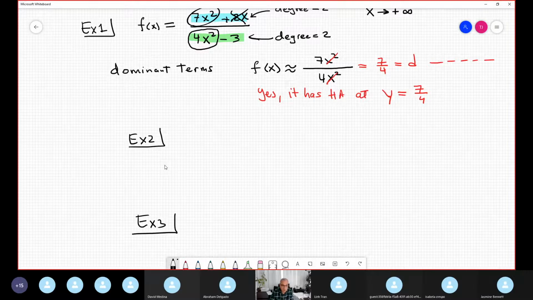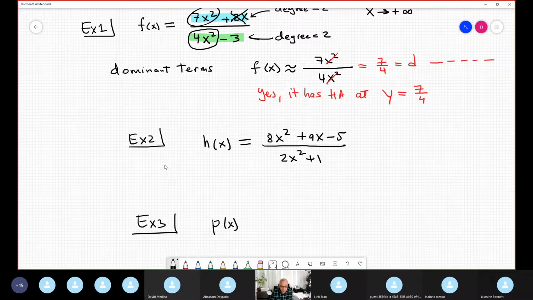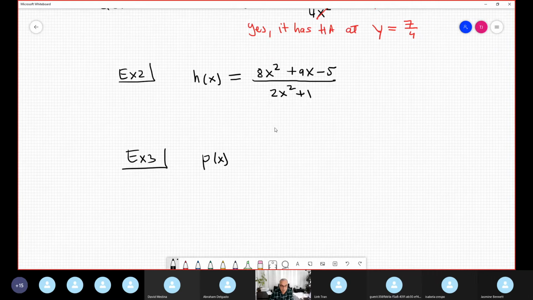The first example is h of x equals 8x squared plus 9x minus 5 as the polynomial at the top. The polynomial at the bottom is 2x squared plus 1. The second is p of x, a rational function, x squared plus 7 divided by 11 minus x squared.